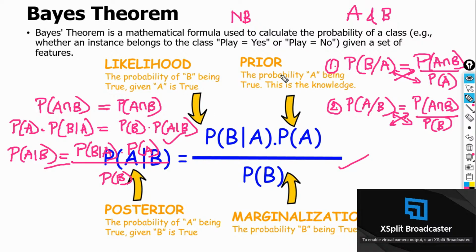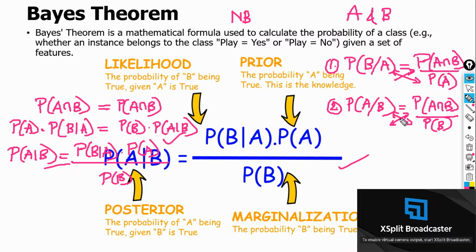P of A is called prior and P of B is called marginal probability. I'll use this Bayes theorem formula to derive the output for a small use case.